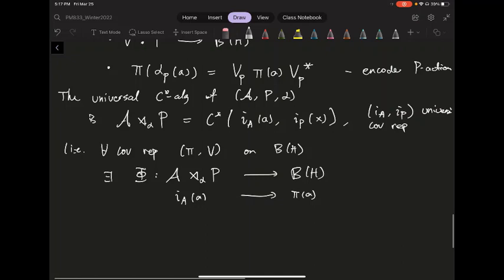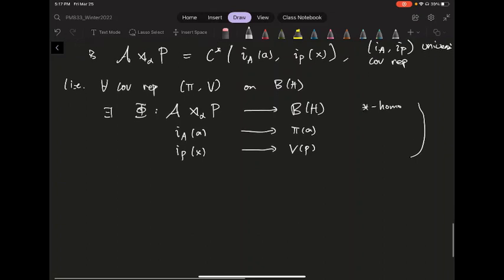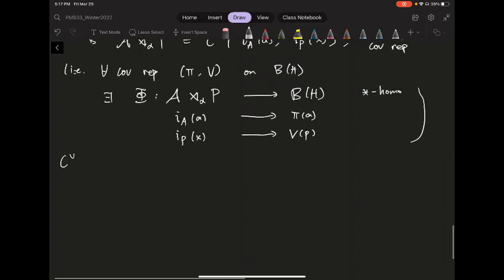The universal one for A maps to pi of A, and the universal one for the semigroup gets mapped to the corresponding V of P. So this is a star homomorphism of C-star algebras. All right, so this is the universal C-star algebra. And if you recall, we introduced the Nica covariant representation of your semigroup.